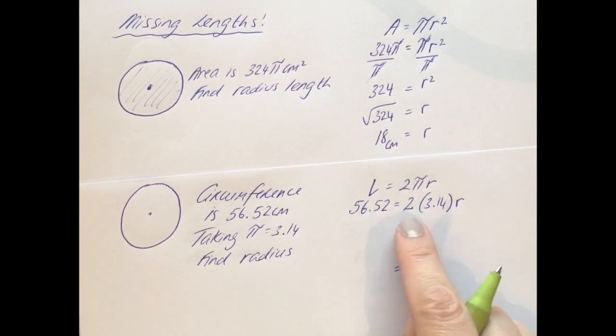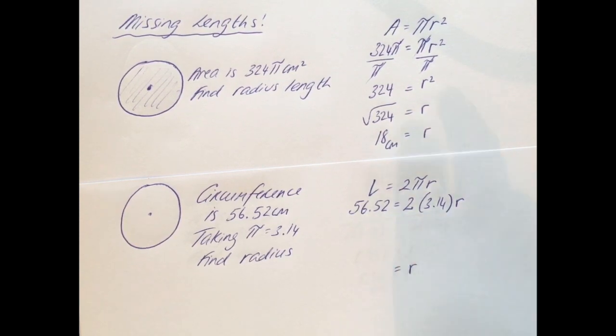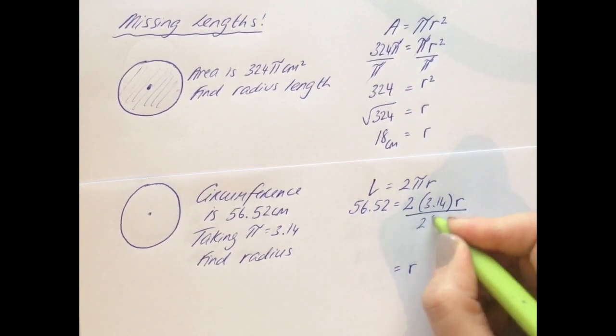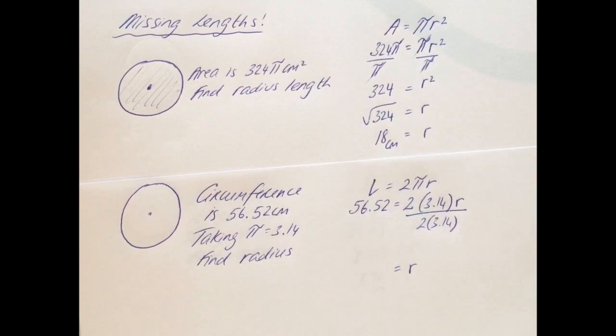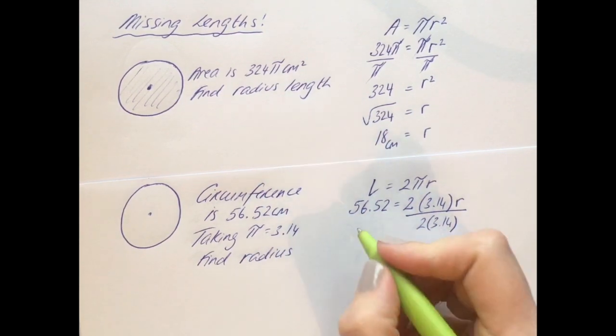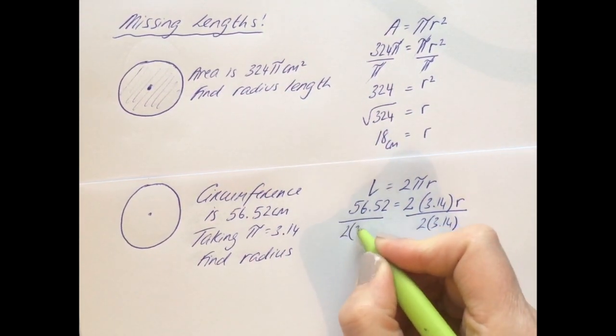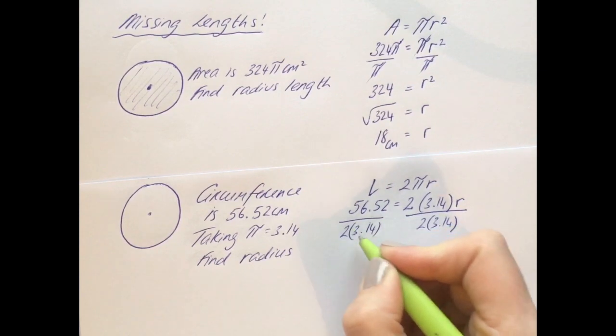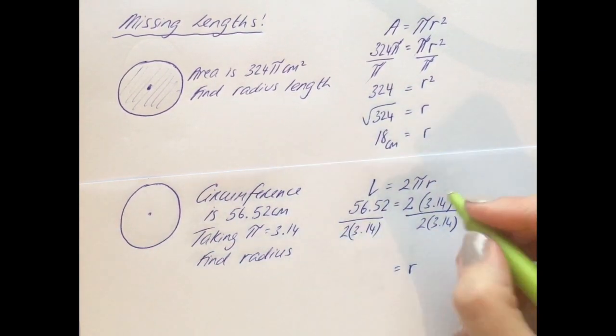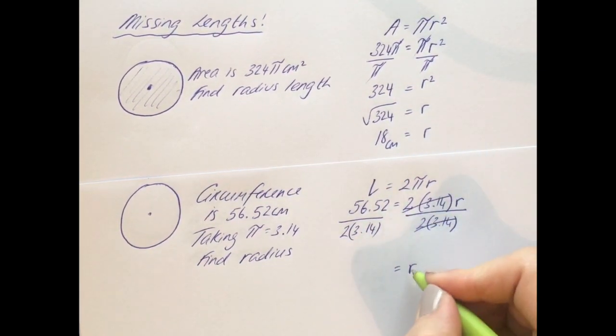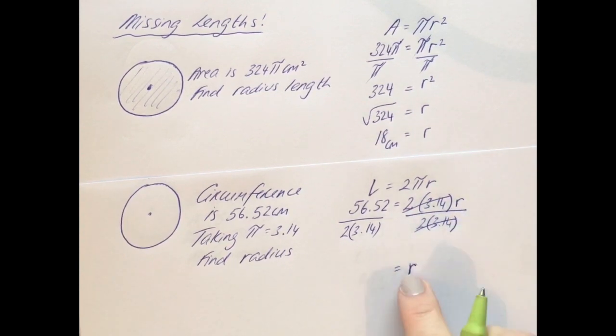So in order to get rid of 2 bracket 3.14, I'm going to divide by 2 bracket 3.14. To get rid of something that's being multiplied, you must divide by it. If I divide by it on the right-hand side, that means I've got to do the very same thing on the left-hand side, divide by 2 bracket 3.14. That gets rid of all of that and leaves me with the r all on its own.